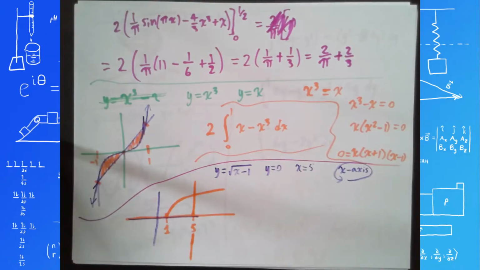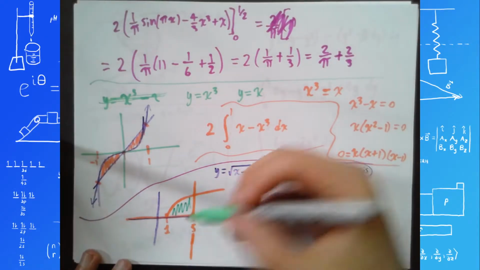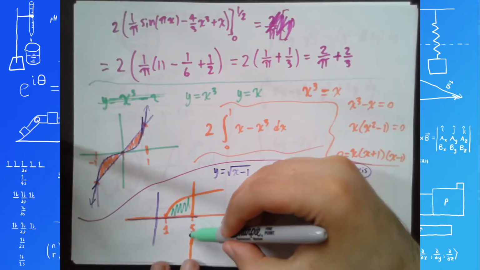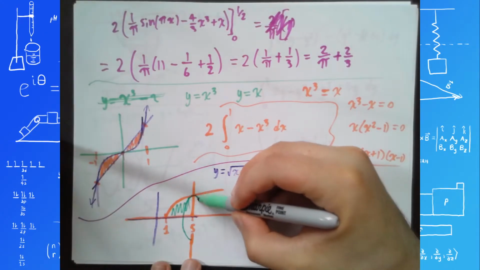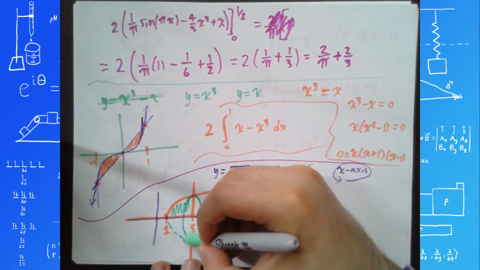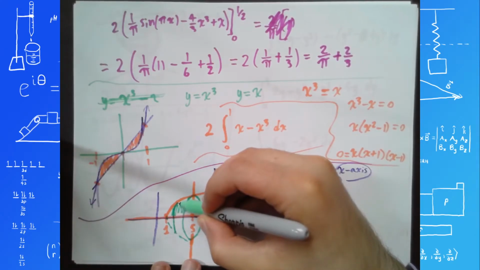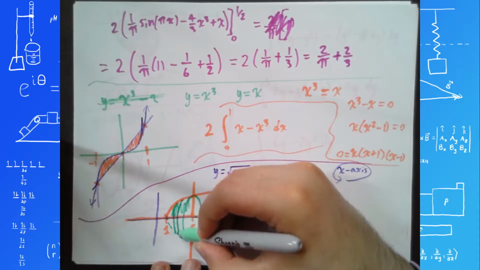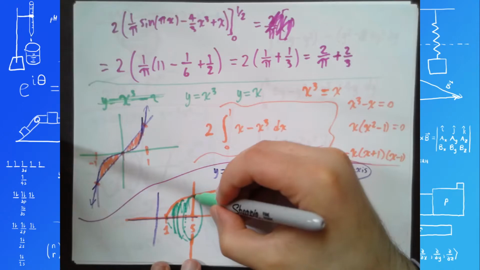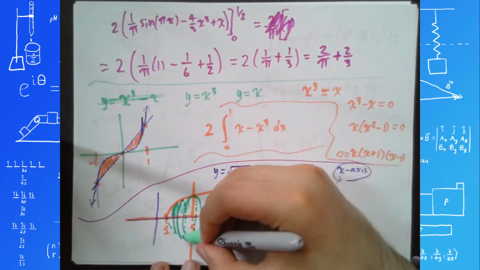Okay, and it looks like this is our region of interest. And we're rotating it around the x-axis, which will result in a shape that kind of looks like a bowl. I don't even know if that looks very 3D.